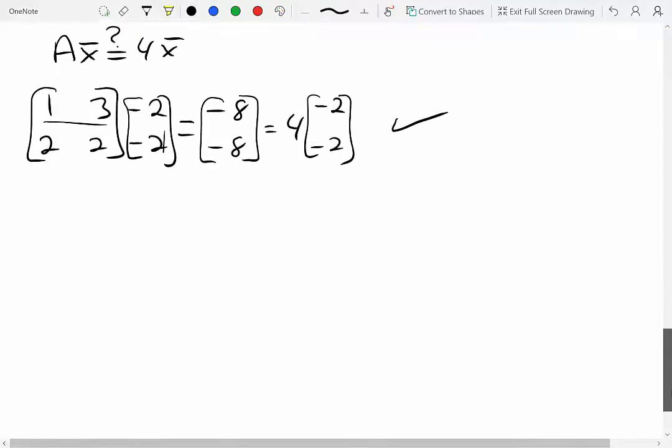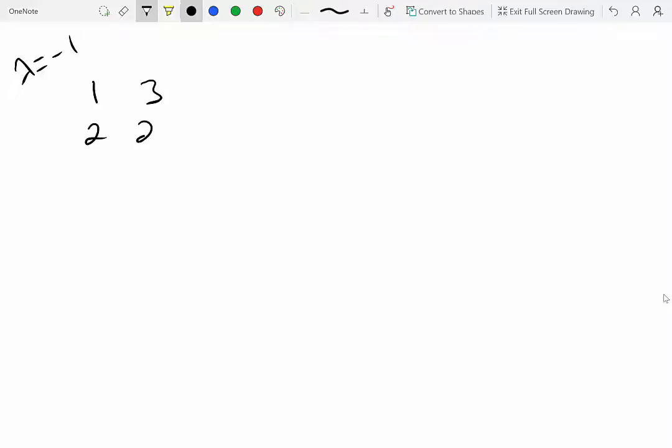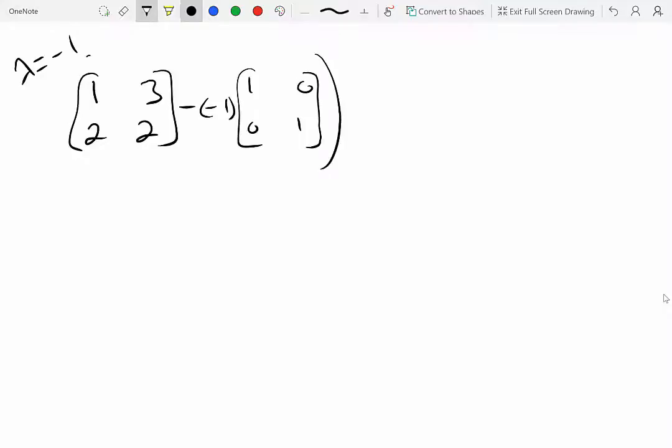All right, so there were 2 eigenvalues. We need to look at what happens with the other one. The other eigenvalue was lambda equal to -1. I'm going to do the exact same thing as I did with 4. I'm going to look at the matrix A, 1, 3, 2, 2. I am going to subtract -1 times the identity, 1, 0, 0, 1, and look at that as being multiplied by x and being equal to 0.